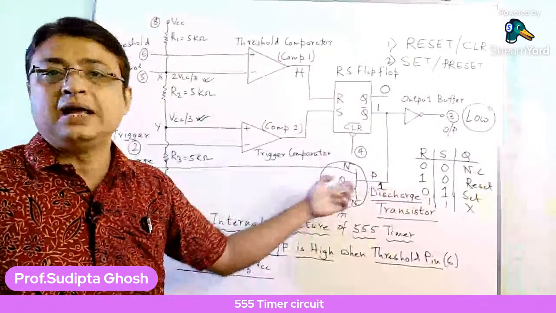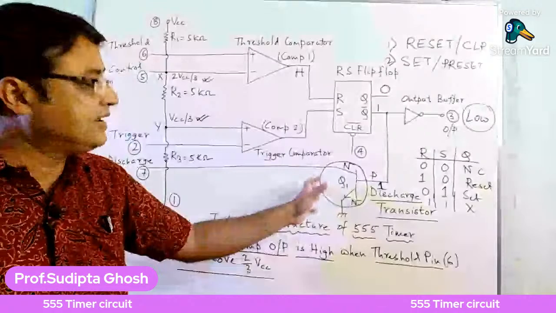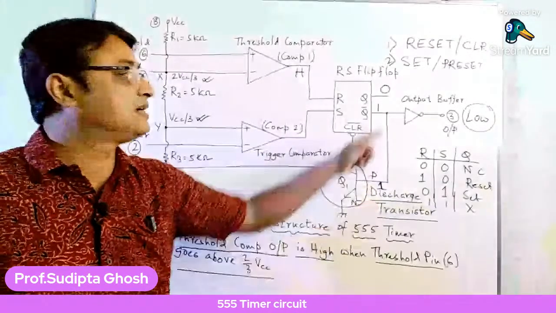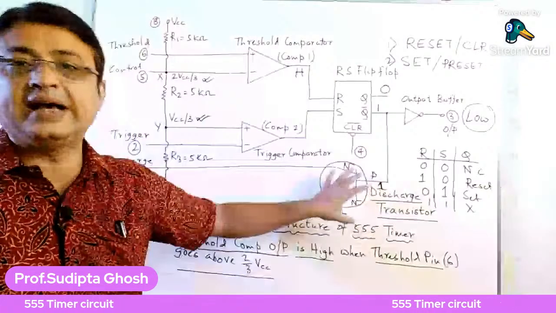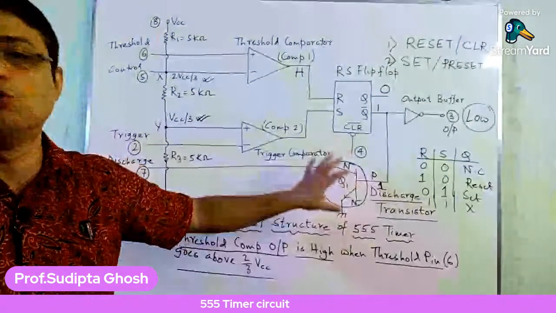The base terminal is p-type and it is given a high value. So when the base is given a high value, the transistor Q1 is in the saturation state. Is it okay?